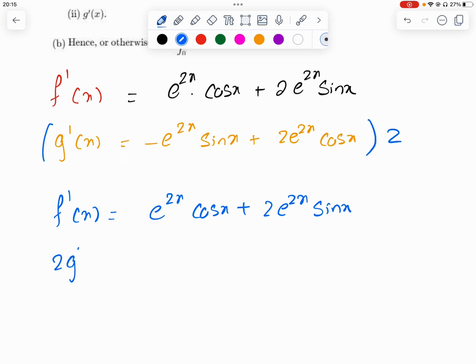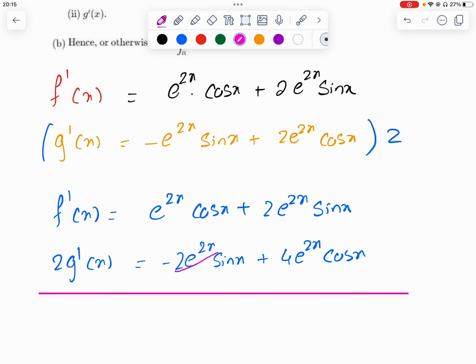And 2g prime x equals minus 2 e power 2x sin x plus 4 e power 2x cos x. Then I am going to add them. They get cancelled. So 5 e power 2x cos x equals f prime x plus 2g prime x.